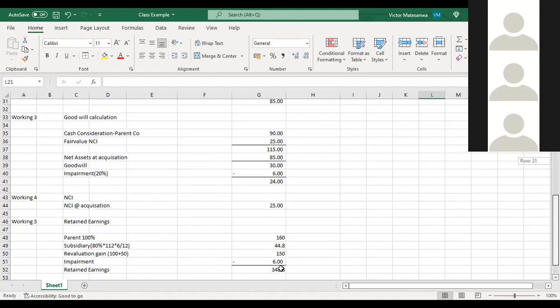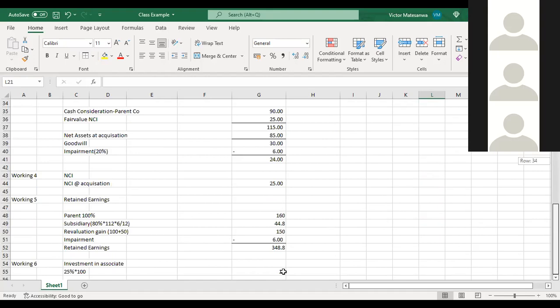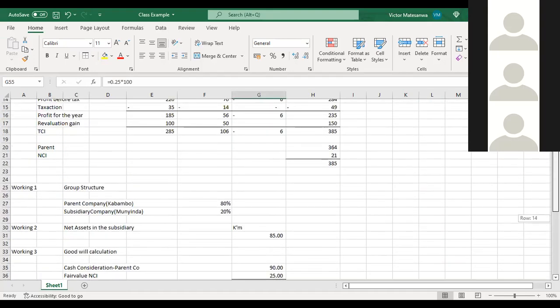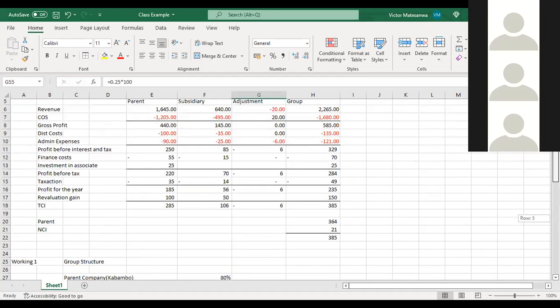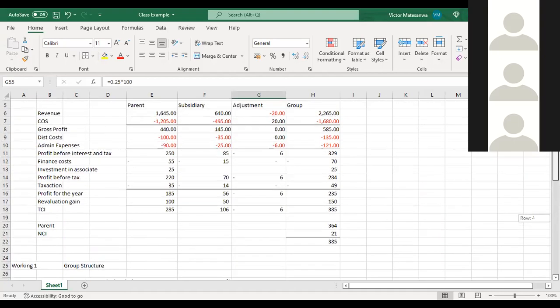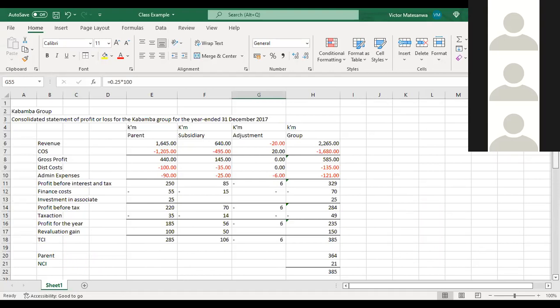Yes. That's what we do. Okay, just go up. 100 times 25. Okay, it's fine up to there. Then taxation.